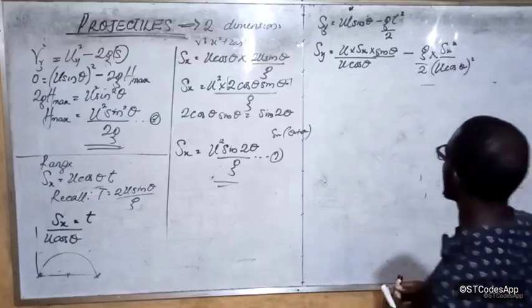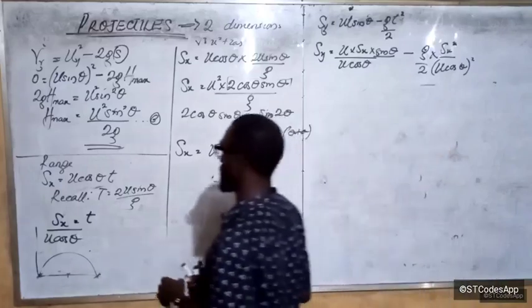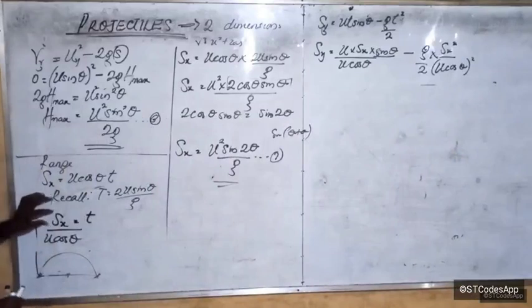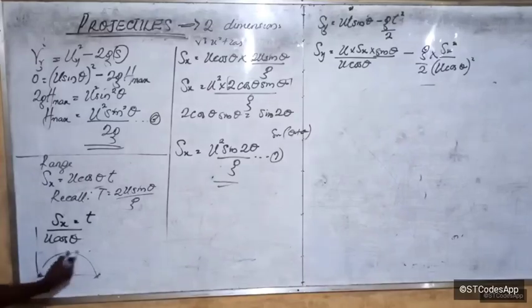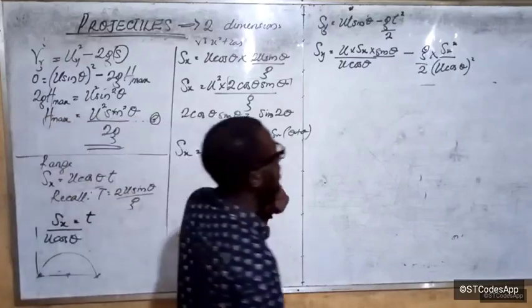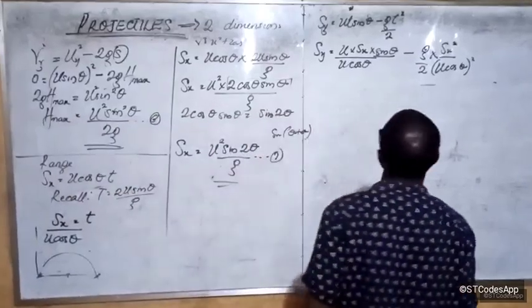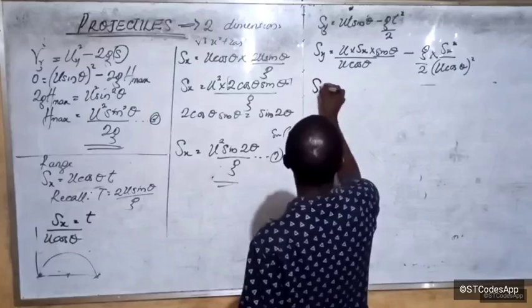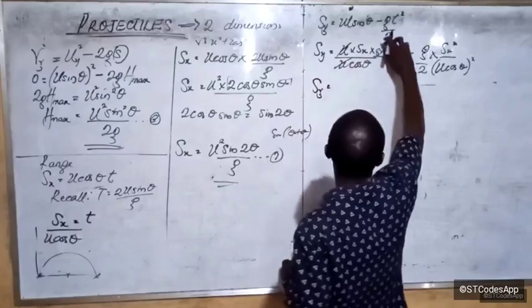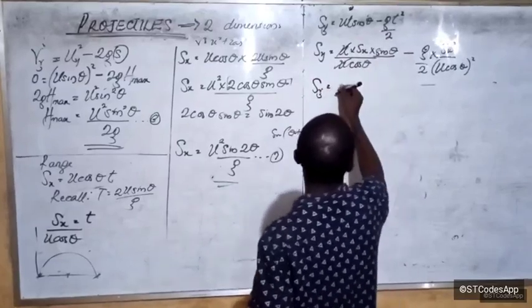All right. So with this, I think we are getting somewhere. And the other reason why we are using this equation is because it takes into consideration the maximum range. Since we are looking for the trajectory, it means that we are looking for the two-dimensional path undertaken by the projectile. So here s sub y will be equal to, here u takes care of u, sine theta over cos theta is going to be tan theta.